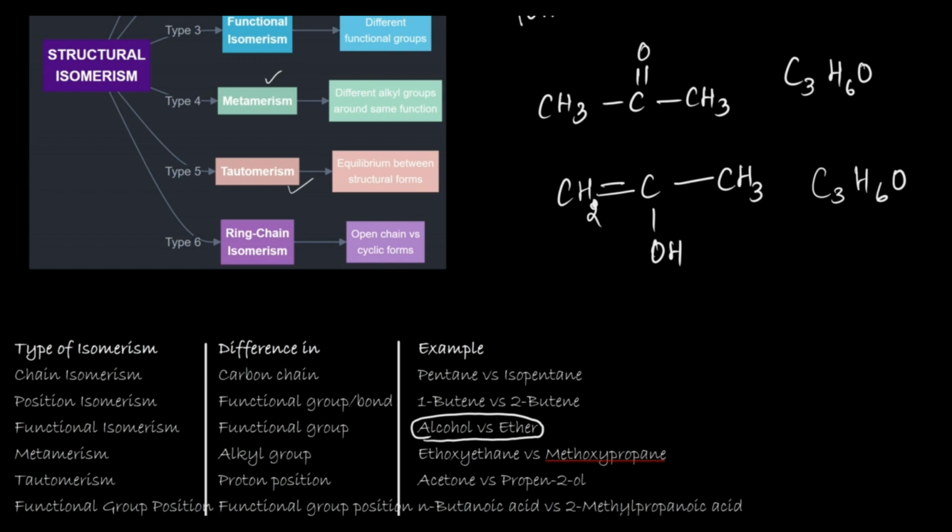The shift of hydrogen. This maintains an equilibrium. This is keto and this is enol. The shift of hydrogen happened over there.